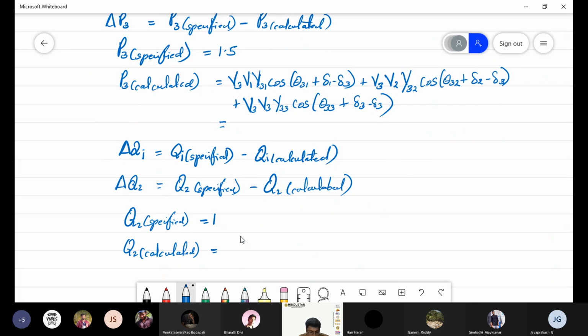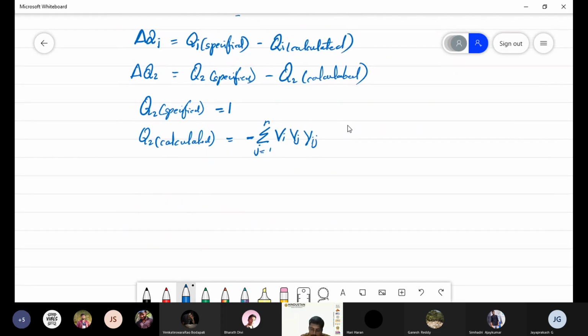So what is the formula for Q2 calculated? Let us see. It is minus sigma j is equal to 1 to n Vi Vj Yij. So we know that real power will be in terms of cos, and the reactive power will be in terms of sine.